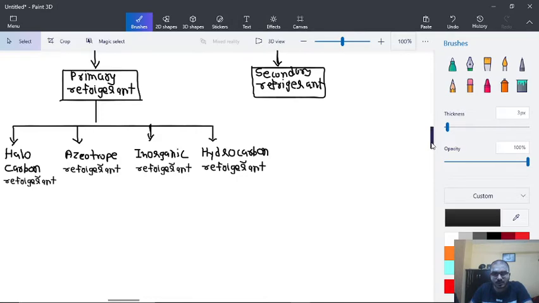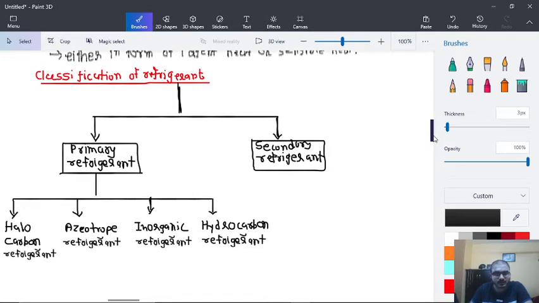So this is all about the classification of refrigerant. There are some descriptions on this, but I will leave them up to you as a part of self study, because those small details we are not going to discuss here.